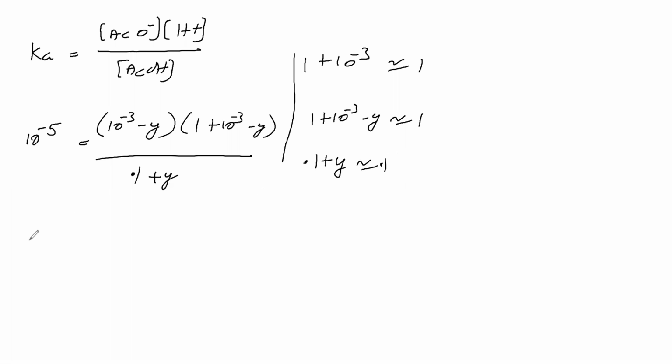Now we can say 10 power minus 5 is equal to 10 to the power of minus 3 minus y, divided by 0.1, taking the H plus term as nearly 1. So we simplify: 10 power minus 6 is equal to 10 power minus 3 minus y.